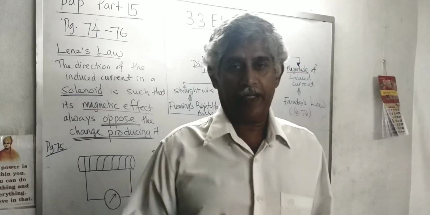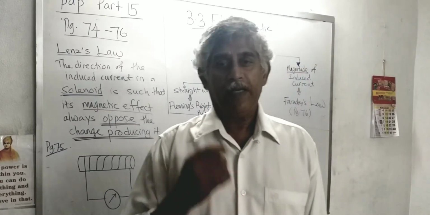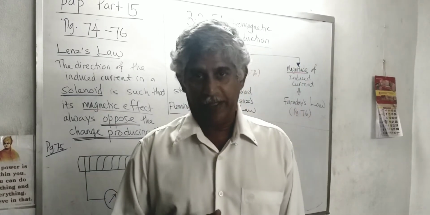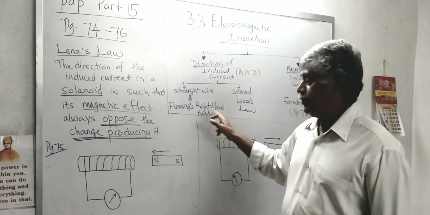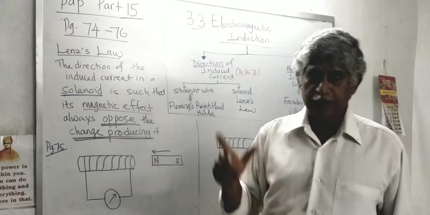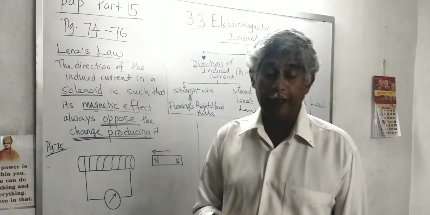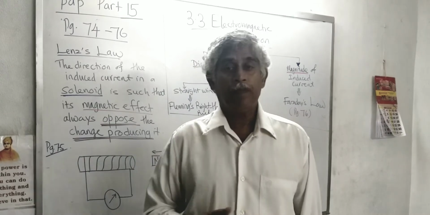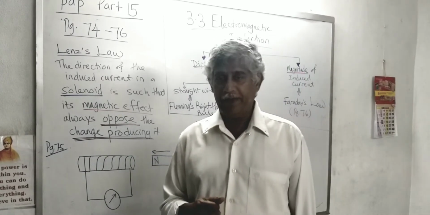Using a conductor, when it undergoes a change of magnetic field, it will induce current in that conductor. That is for the straight wire, where we use Fleming's right hand rule. So do not confuse it with Fleming's left hand rule which you learned earlier. That is for the motor, for the effect of force in the magnetic field.